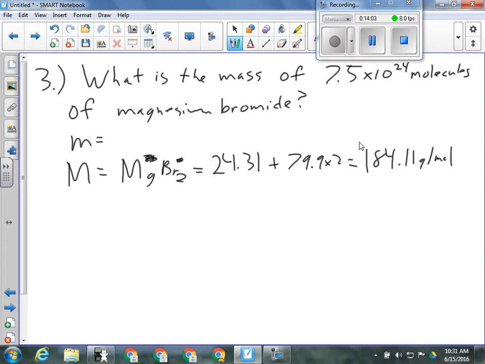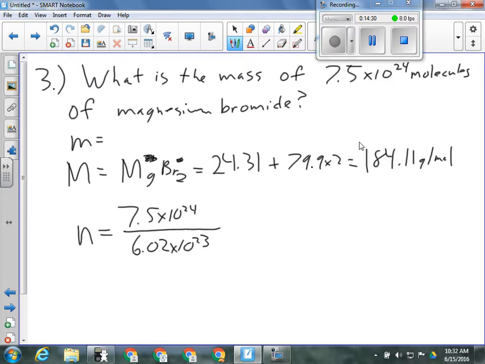Okay, I need to get N. Now, I know the number of molecules, and I know the number of molecules in 1 mole, because that's what Avogadro's number tells us. So if I take the number of molecules I have, 7.5 times 10 to the 24, and divide that by the number of molecules in 1 mole, that should tell me how many moles I have, in the same way that dividing 48 donuts by 12 tells me how many dozen I have.